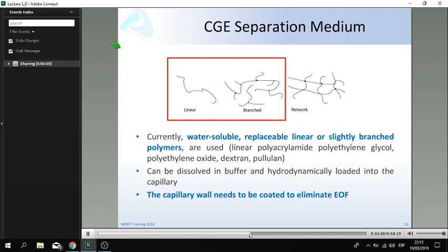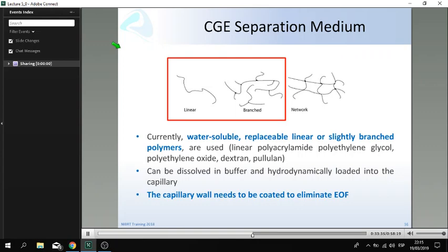And then with each injection you can flush them out and put a new gel in. So you don't get, hopefully, bubbles if you are careful, but you don't get those blockages. So you don't get particulate being accumulated because you can replace your separation medium with each injection.